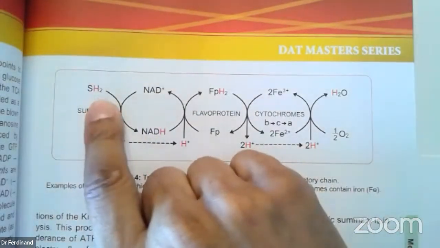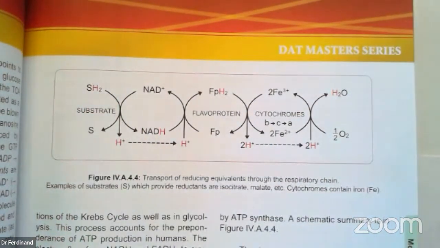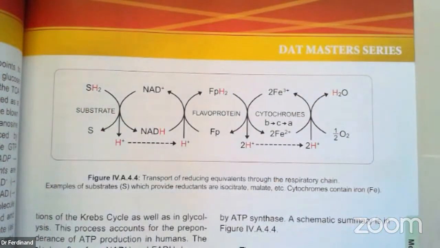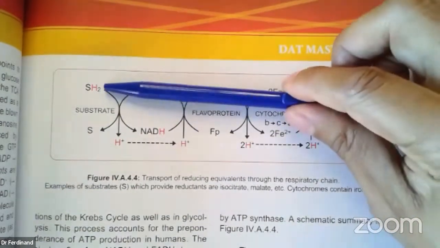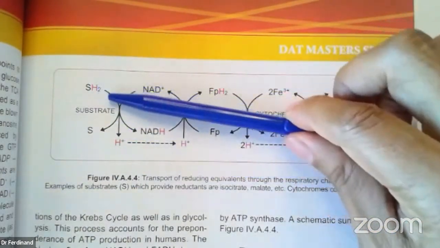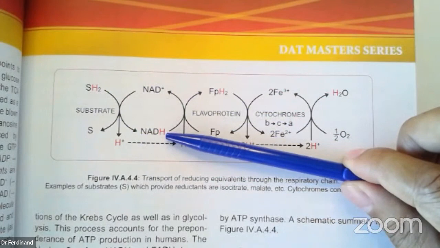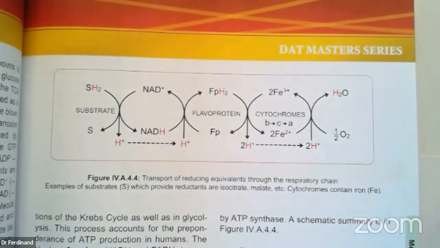This is reduced, not an acid, because it has hydrogen with its electrons. If it was H plus and only releasing H plus, that's different, that is an acid. But this has H plus, and it also has hydrogen with electrons.